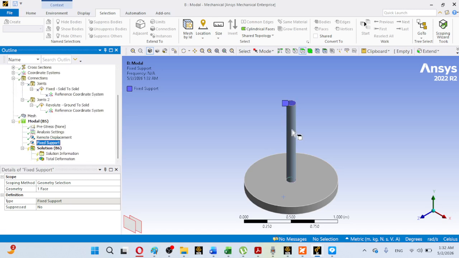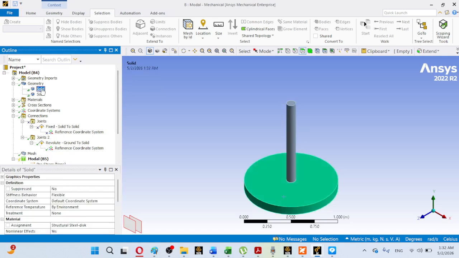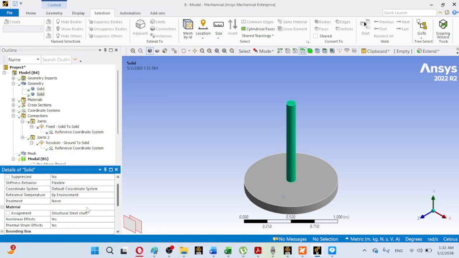This shaft is massless, as you can observe here. This is the structural steel shaft, but it is somewhat massless because its density is very low, and only the mass of this rigid disc is affecting the analysis.